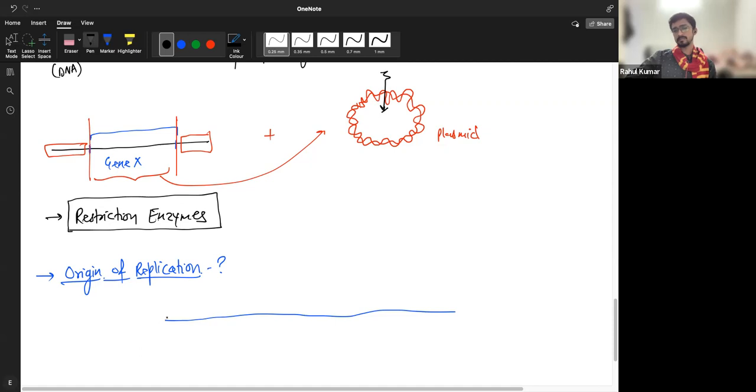So where do you think will be that point of origin of replication? Don't you think it has to be here? Just start from the beginning, replicate the whole DNA and end here. No?